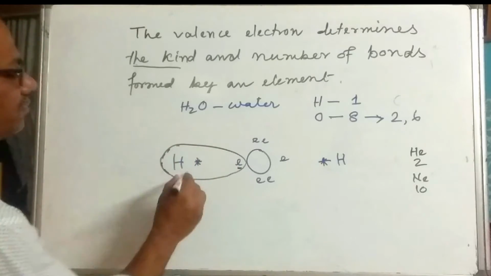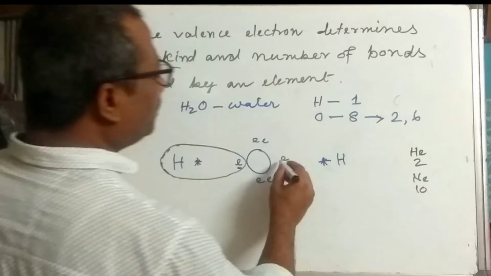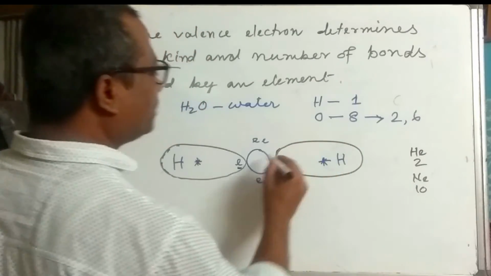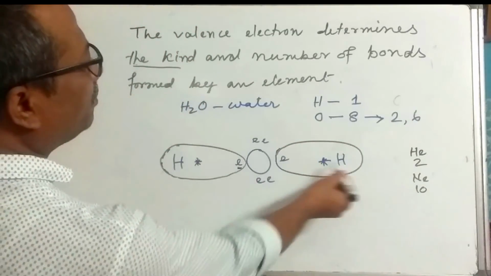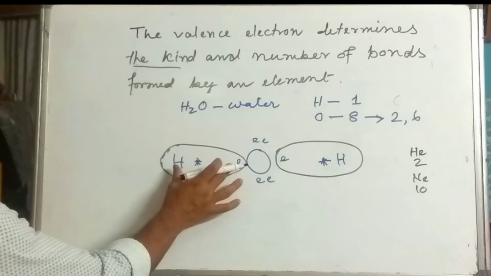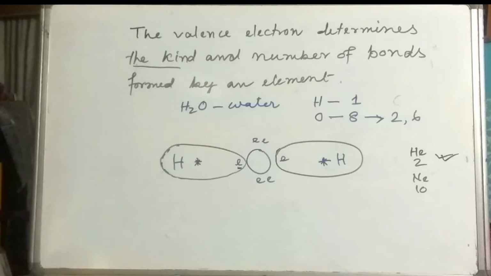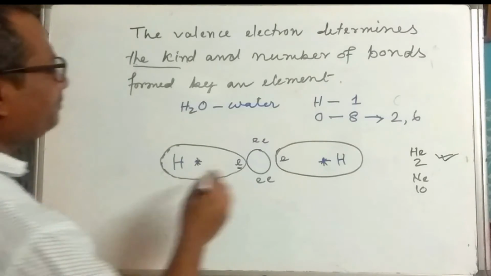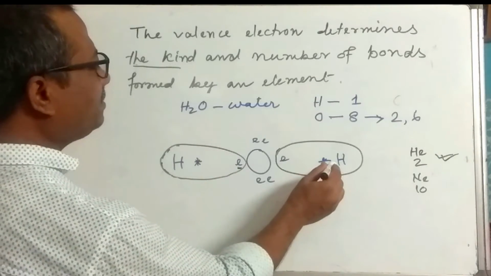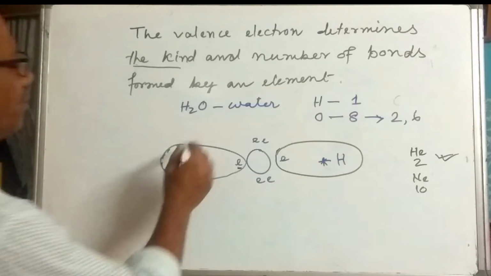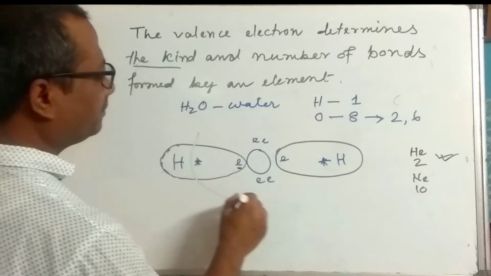This is one bond. This electron is shared with hydrogen. The oxygen shares this electron with hydrogen and hydrogen is attaining the helium's electronic configuration. Now the oxygen will take these 2 electrons from the 2 hydrogen atoms like this.